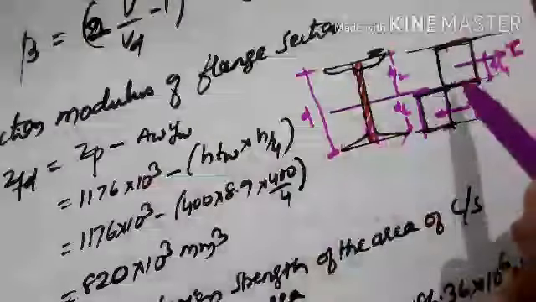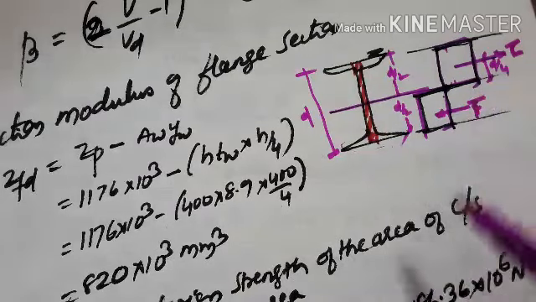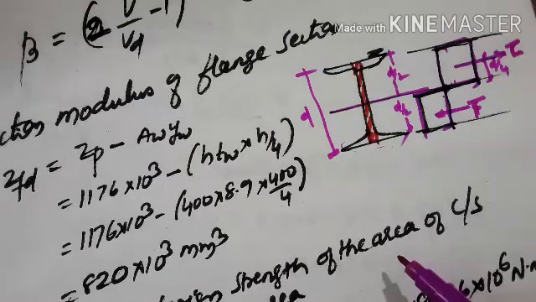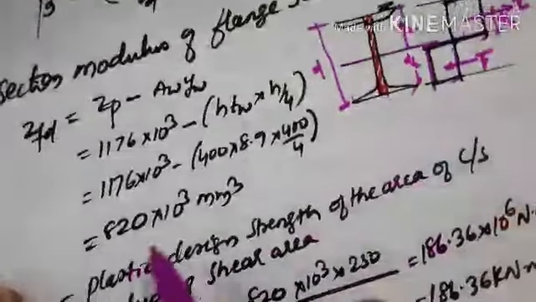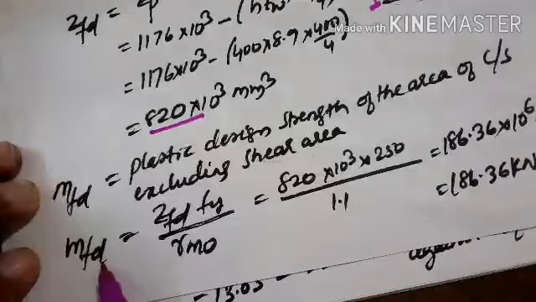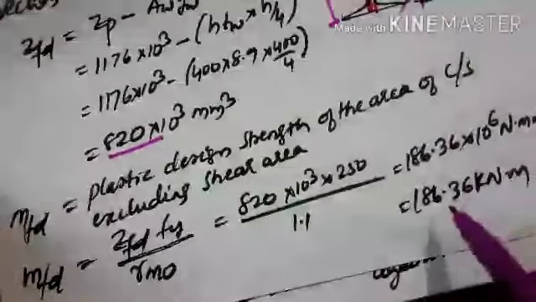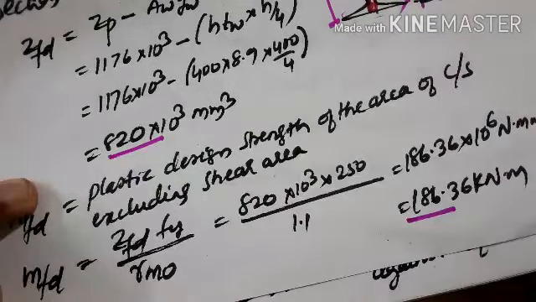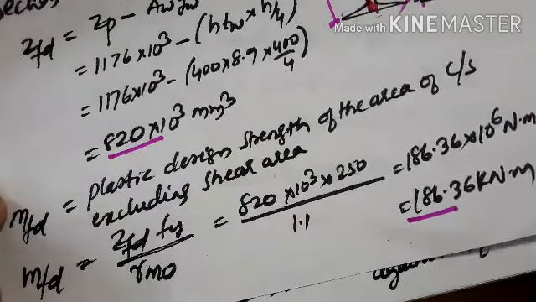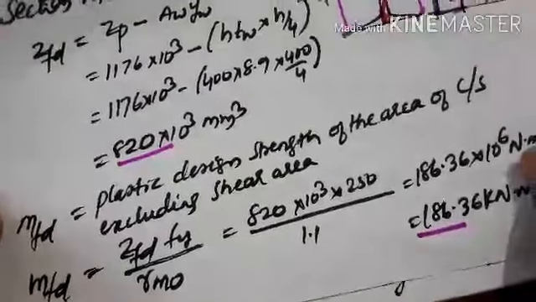Okay, so to calculate the ZP value, H by 4. I hope you understood this one. Then you calculate ZFD, then MFD, the formula is MFD is ZFD into Fy divided by gamma M0. Then you will get this much as the plastic design strength of the area of cross section excluding shear area.